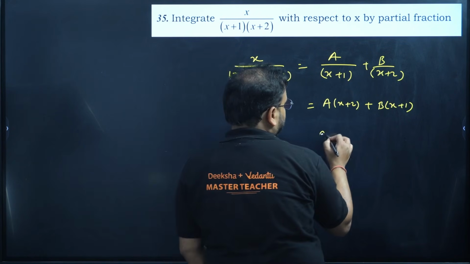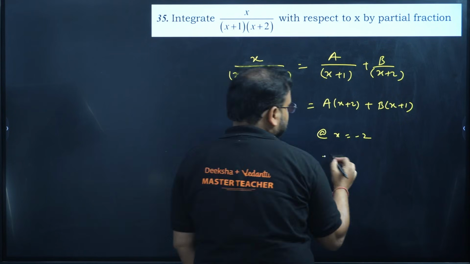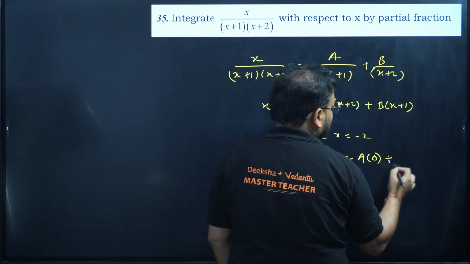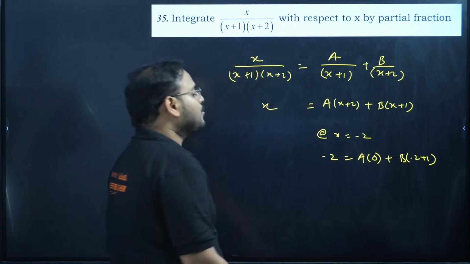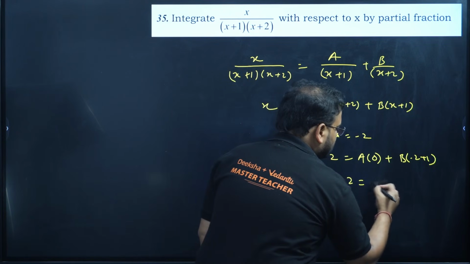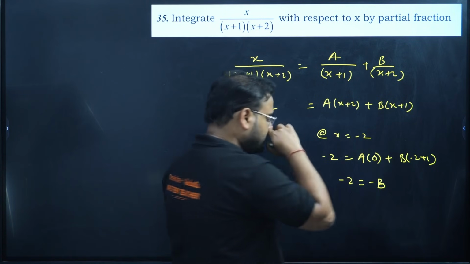If you take x value as minus 2, the LHS will become minus 2. This will be A times 0 and B times minus 2 plus 1. You will get minus 2 equals minus B, because minus 2 plus 1 is minus 1.